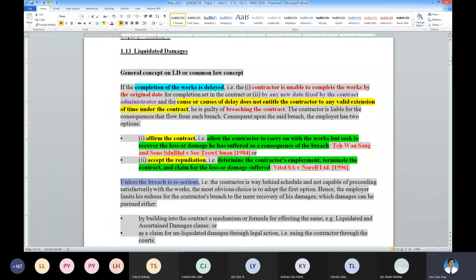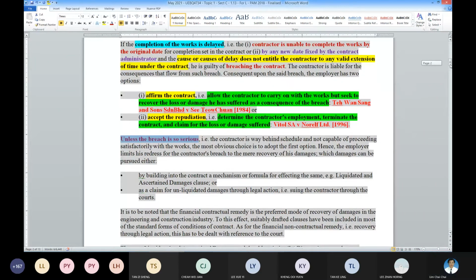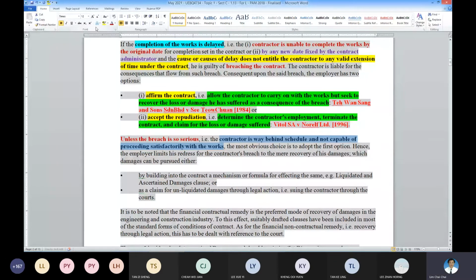You affirm the contract and then find how to charge the contractor. Okay. So serious breach, because the contractor is way behind in proceeding with the work and not capable of proceeding steadily with the work, the most obvious choice is to adopt, actually it's number 2, the second option, repudiation.